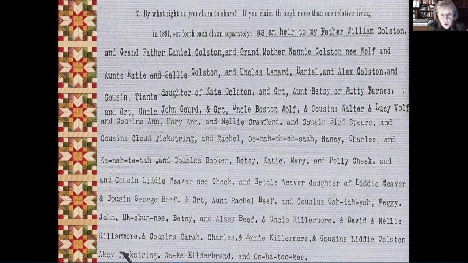So he goes to great detail telling the Miller Roll people on this application who in the whole Cherokee nation he's related to. And he just goes on, and this is my first cousin, and this is my third cousin once removed, and on. But it says an heir to my father, William Colston, and grandfather, Daniel Colston, and grandmother, Nanny Colston, nee Wolf.